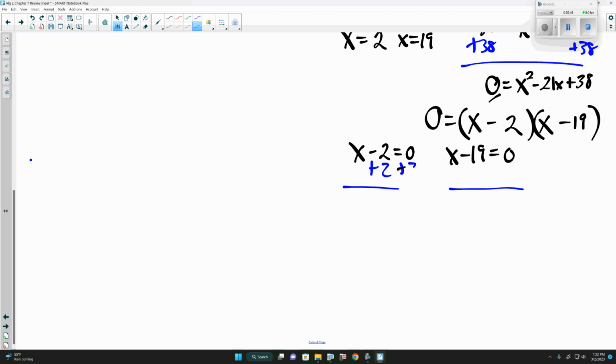Here we would add 2 to both sides. Here we would add 19, telling us x is equal to 2, and x is equal to 19. That's it. Questions on any of this here?